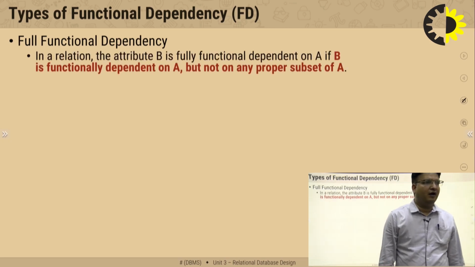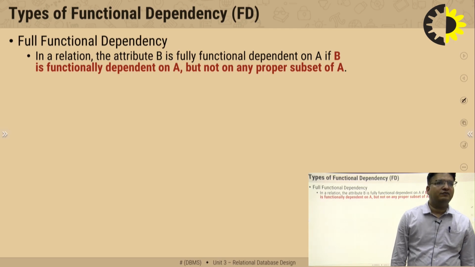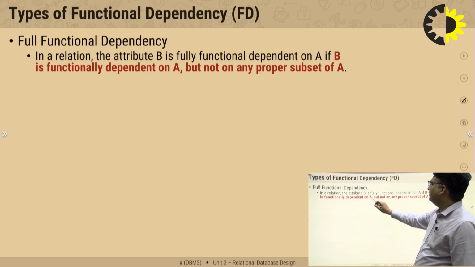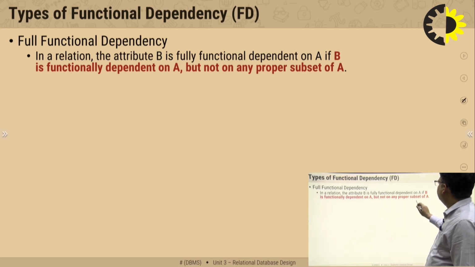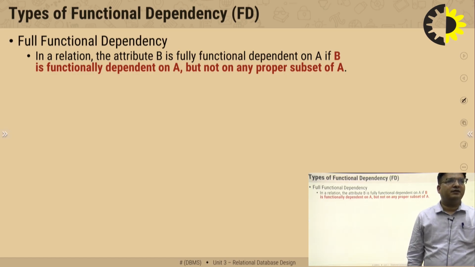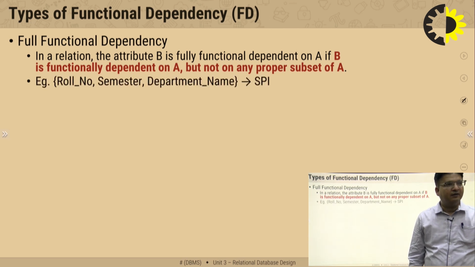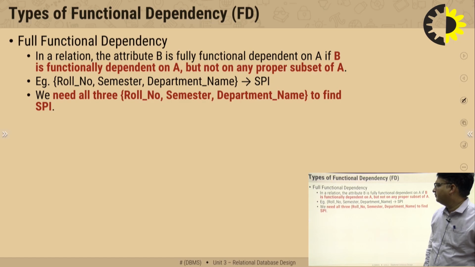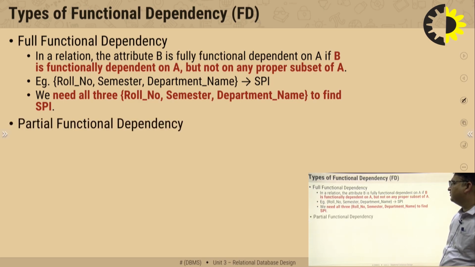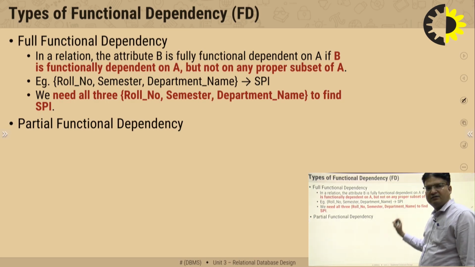In a relation R, the attribute B is fully functionally dependent on A if B is functionally dependent on A but not on any proper subset of A. That is, A determines B, but no subset of A can determine B. Example: roll number, semester and department determine SPI. We need all these three things to determine SPI. Now the subset of this should not determine this one.